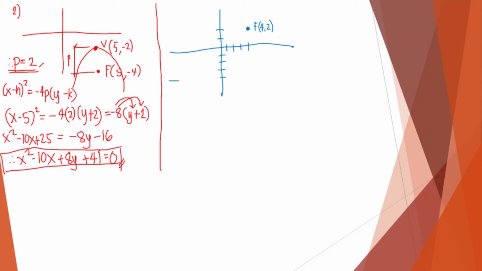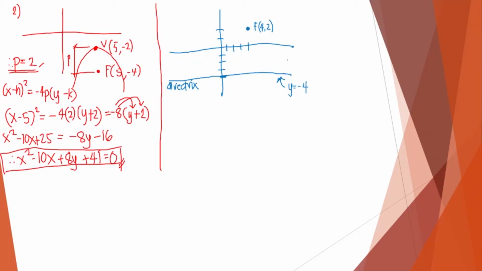So negative 4. This will be our directrix.